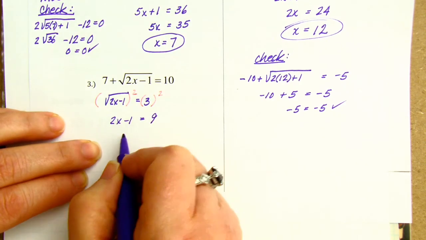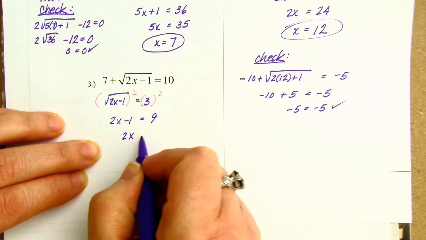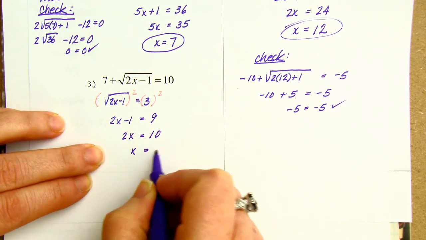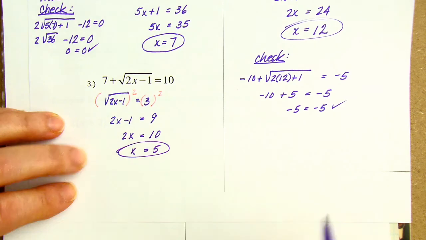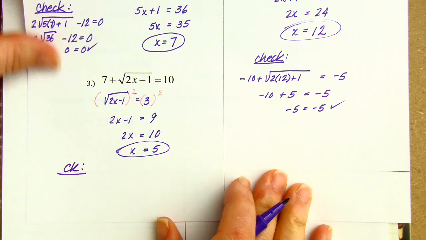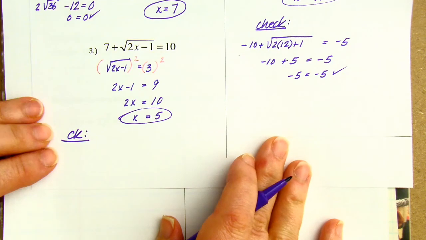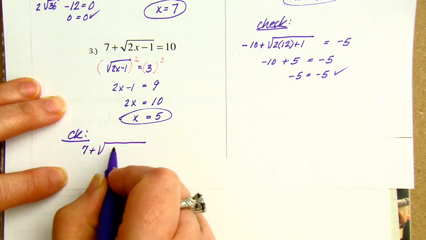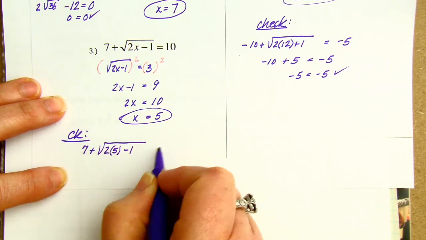Add 1 to the other side, 2x equals 10. Divide, x is 5. Do the check. So when I'm checking this, I'm doing 7 plus the square root of 2 times x, which is 5, minus 1, is 10.